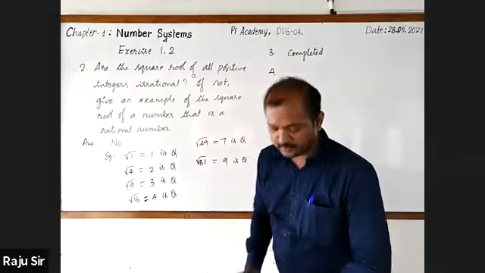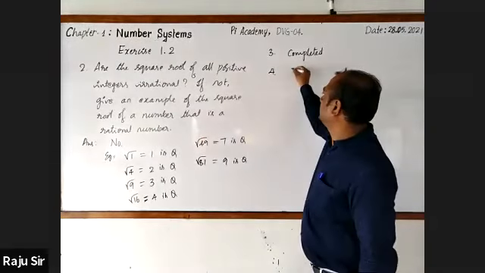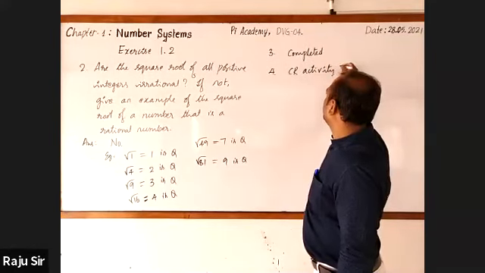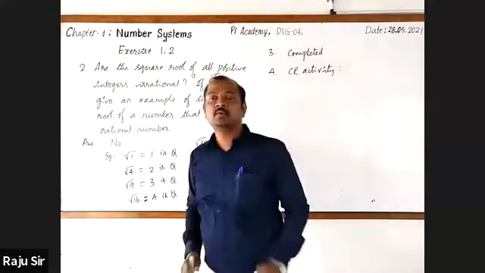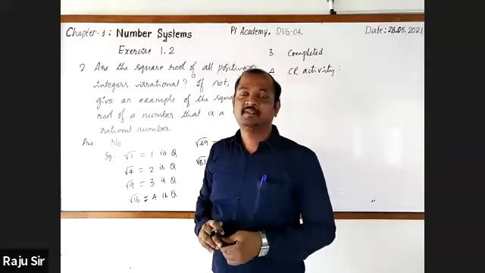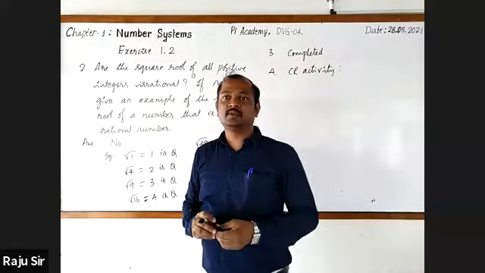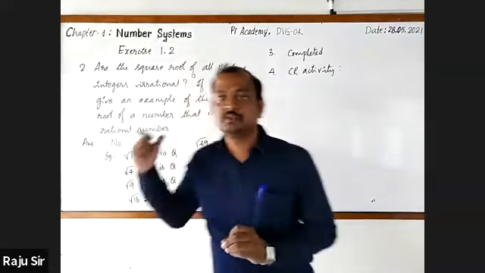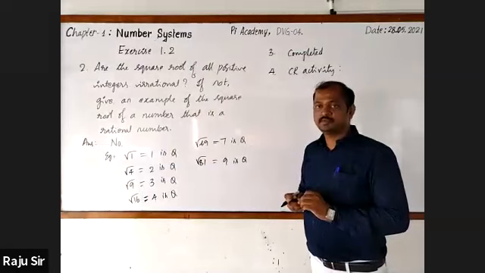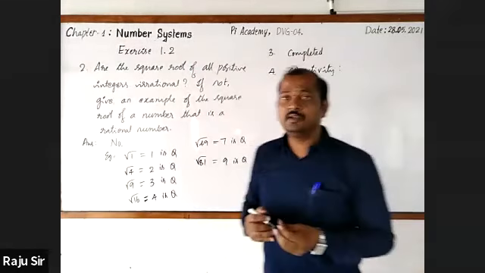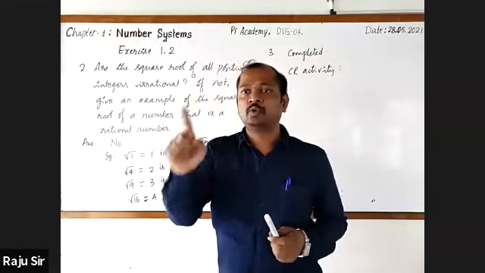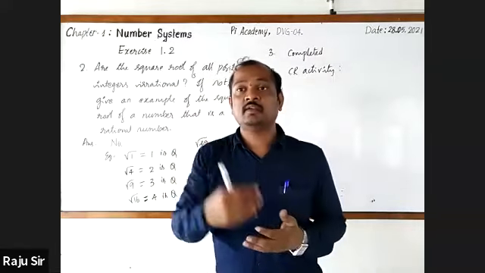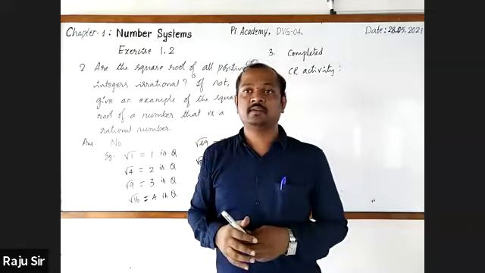Fourth one, they have given a classroom activity, but I'll give you this as a home activity. Let me tell you what that question is. Just observe. Here we have already learned how to represent root 2, root 3, root 5, root 10, root 17 as well.